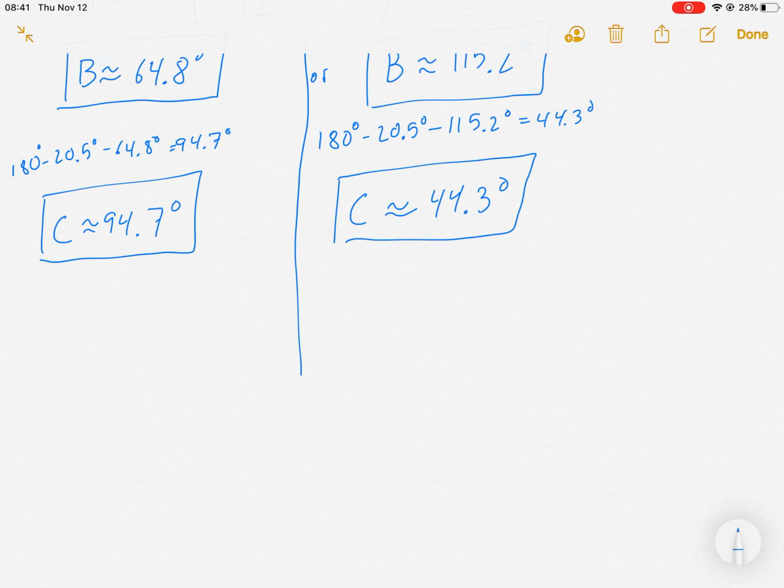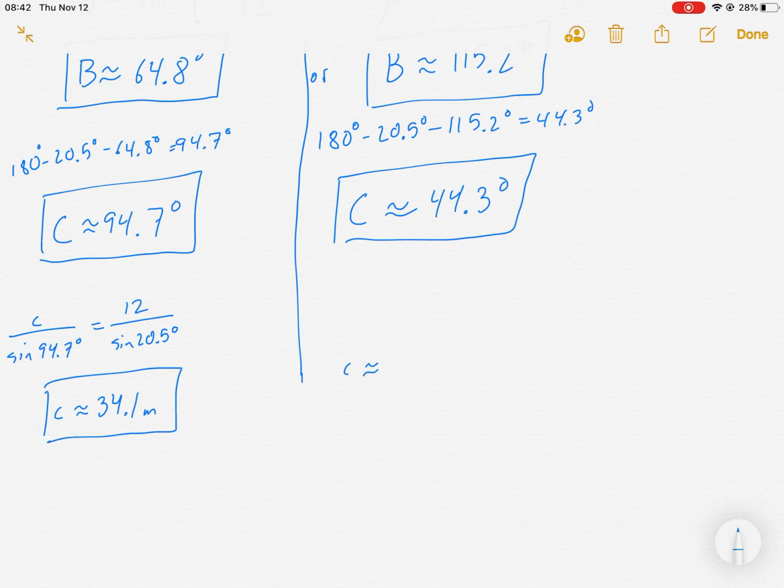Okay, so we have B and C in each situation. And then finally, we're going to use the law of sines to calculate side length C. So I'll do C over sine of 94.7 equals, I'll go back to A, side A over sine of angle A. And so we get that side length for this first scenario is approximately 34.1 meters.